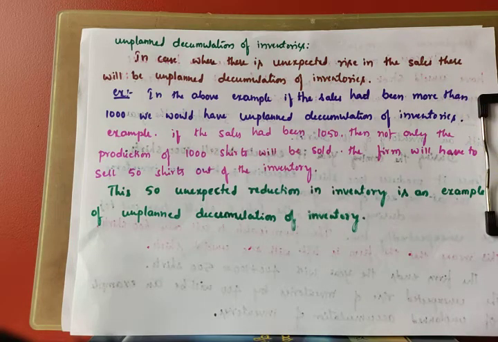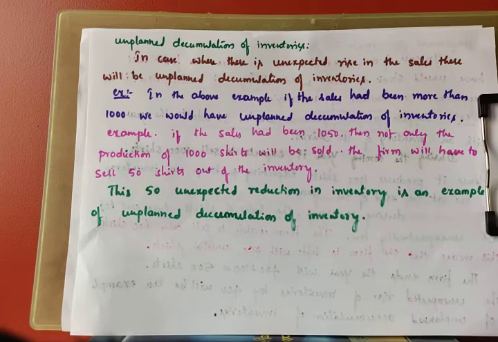Inventory is nothing but stock only. Here they decided to keep 100 as stock. In this year they decided to sell 1000, and at the end of the year they decided to keep only 100 shirts as an inventory. But what happened? There was an unexpected fall in sales.